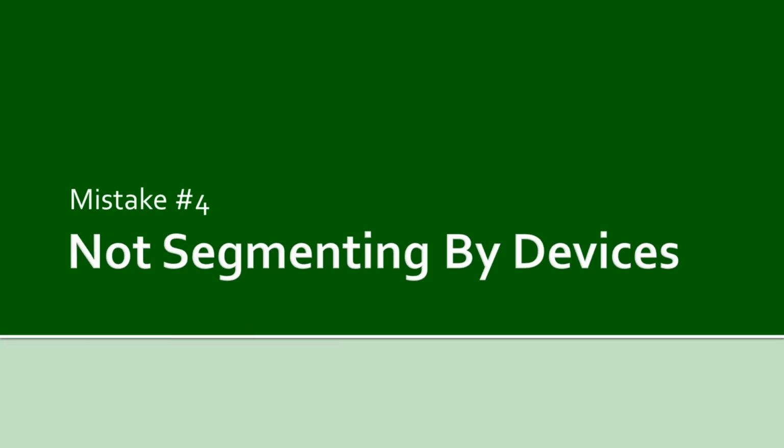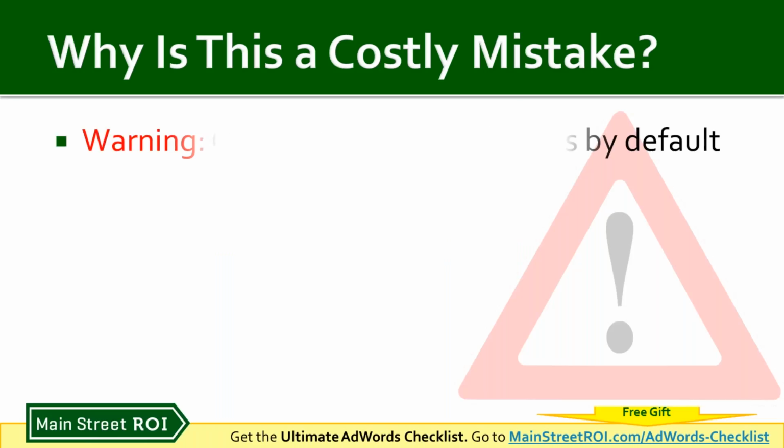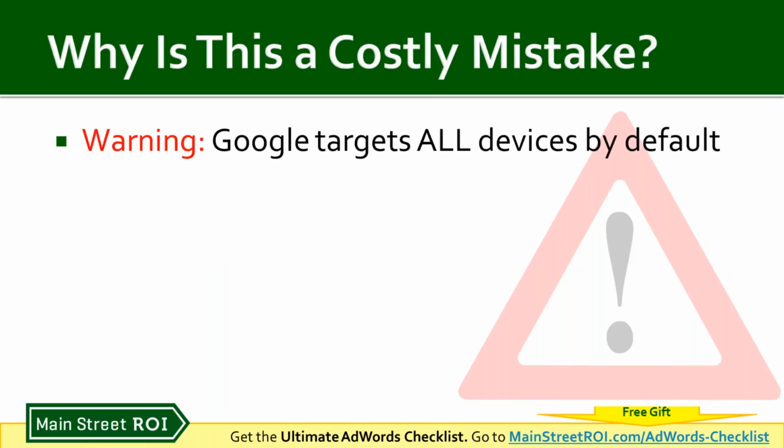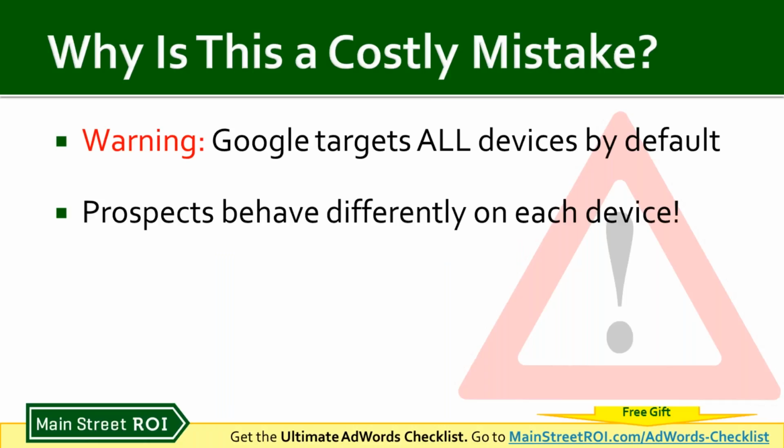All right, mistake number 4 is not segmenting by devices. And another warning here, again, Google is going to default you into showing ads on all devices, and that means mobile devices, tablets, and computers. And as you probably know, prospects are going to behave a lot differently on each device.